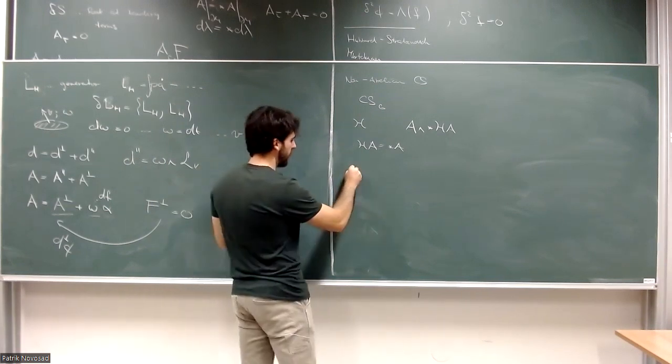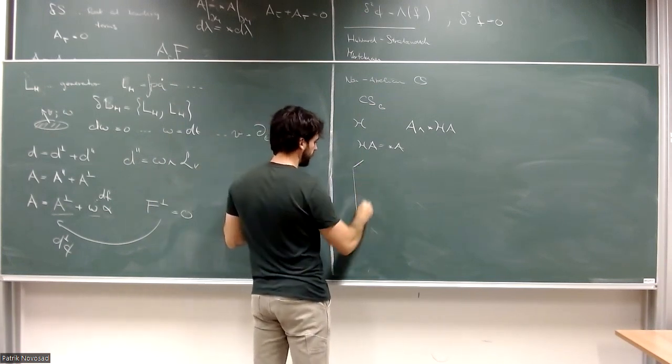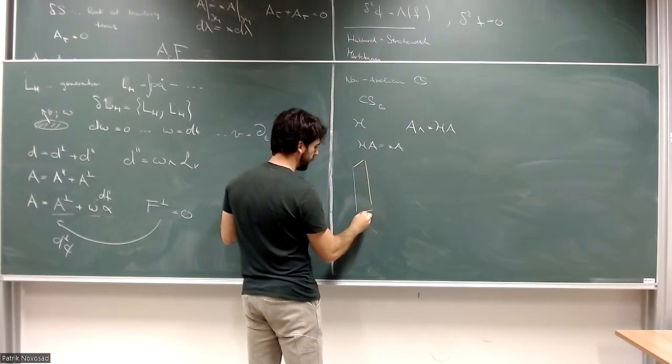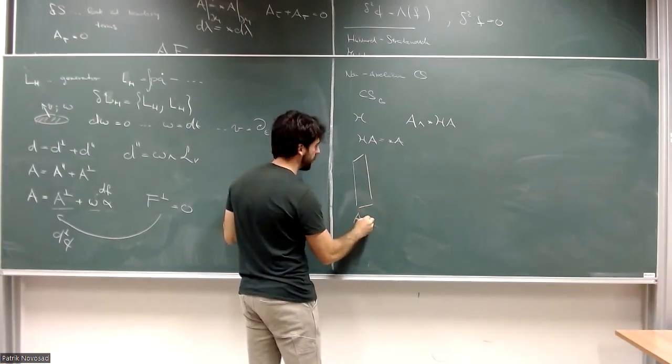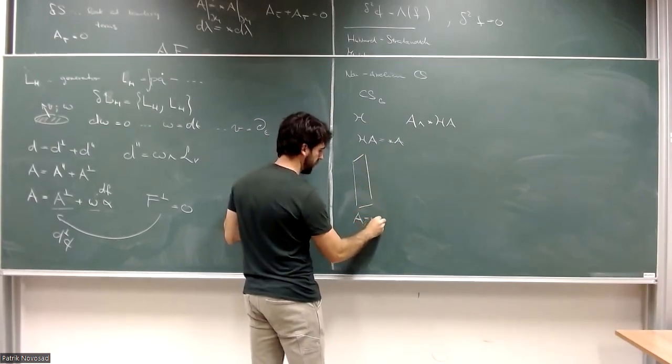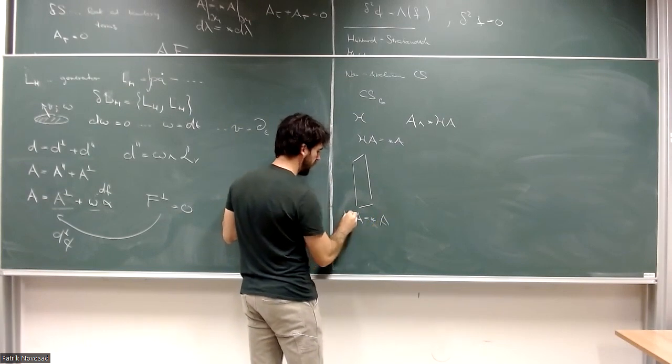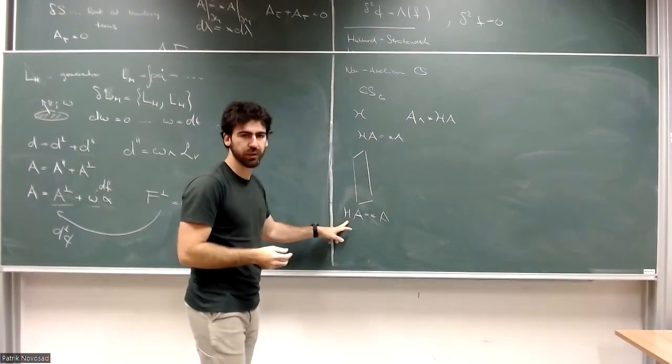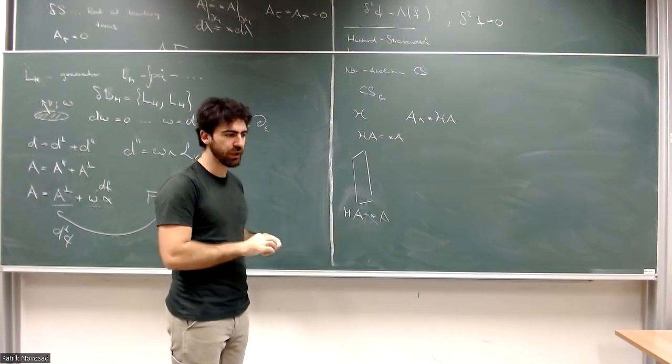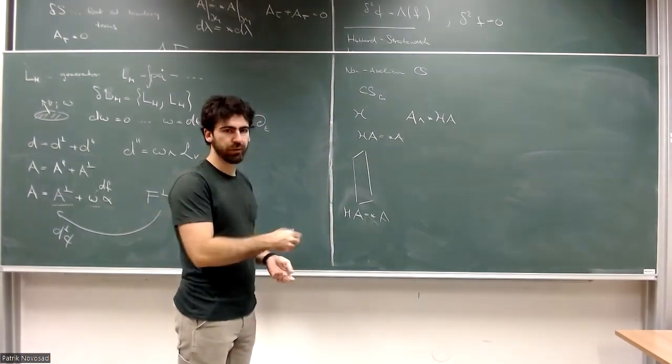This condition you put on one side, so you put one condition here, H, and that gives you a model which has this metric in it, but it still keeps all the degrees of freedom.